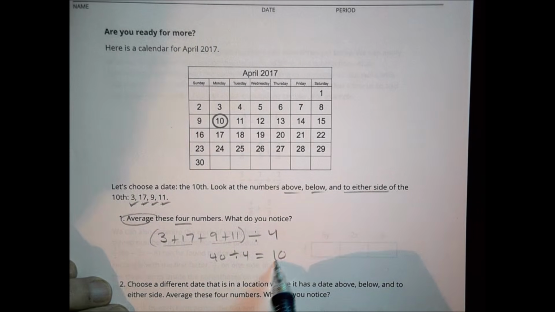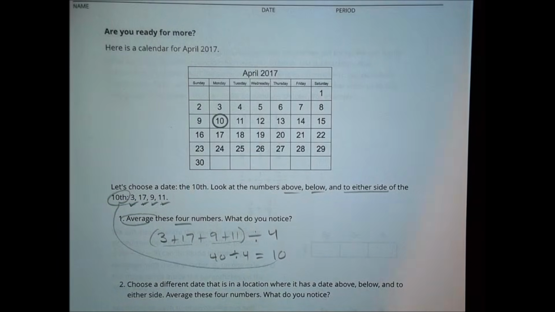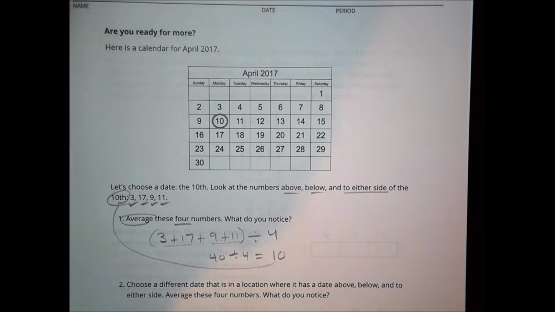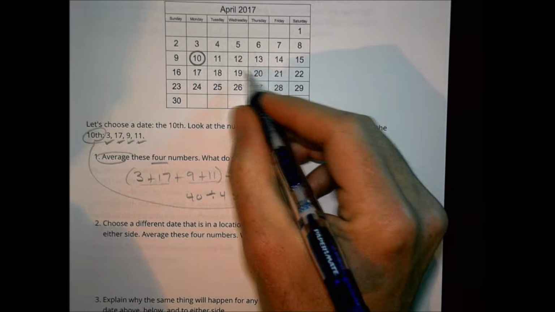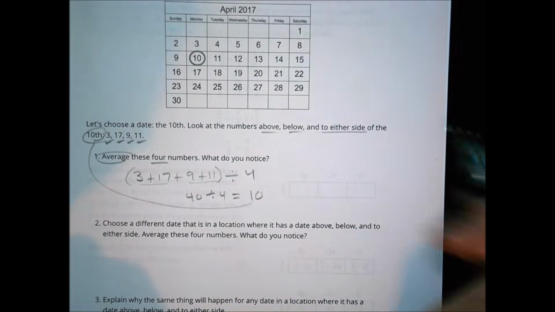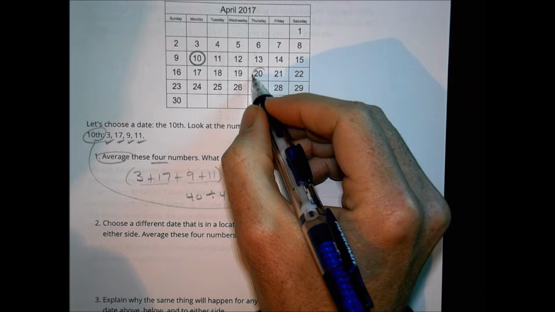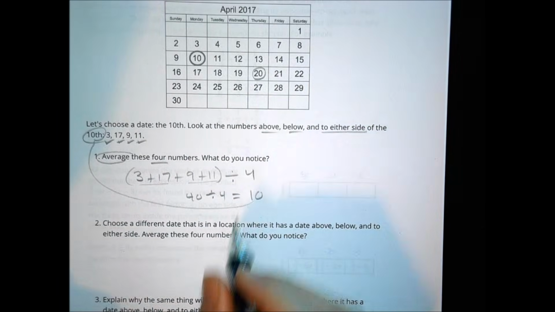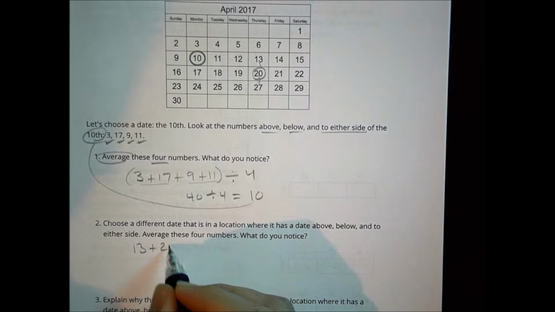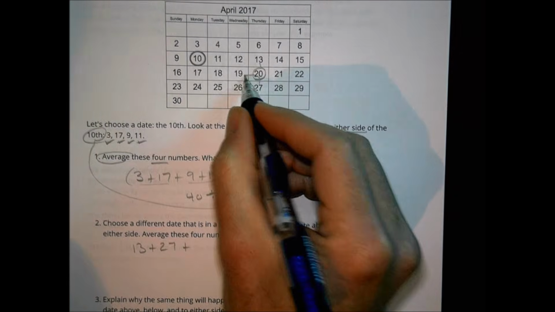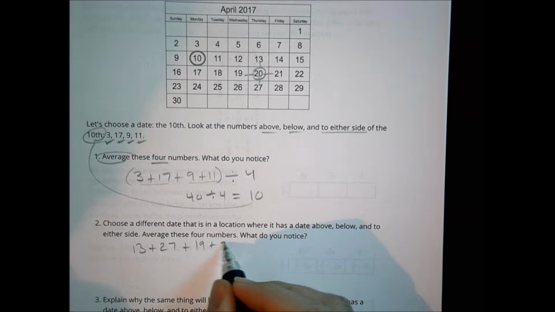Now what date did we start with? We started with the 10th. Well, that's interesting, isn't it? So choose a different date and see what you come up with. So on your own, pick a date, and then pick the number above it, below it, and beside it, and see what happens. I'm going to pick the number 20 real quick. So when I pick 20, the numbers above it and below it and beside it, I have 13 plus 27 plus 19 plus 21.